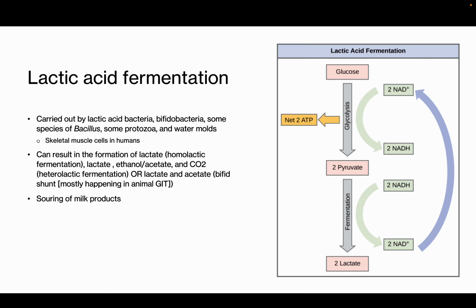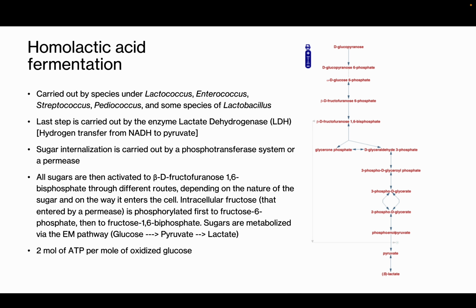And the production of lactate results in regeneration of NAD+ from NADH. Let's examine homolactic and heterolactic acid fermentation. Homolactic acid fermentation is carried out by species under Lactococcus, Enterococcus, Streptococcus, Pediococcus, and some species of Lactobacillus.